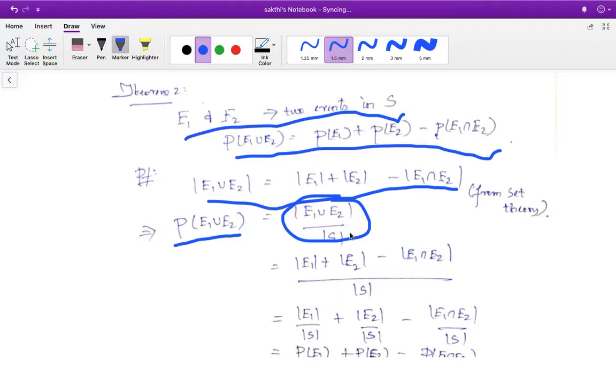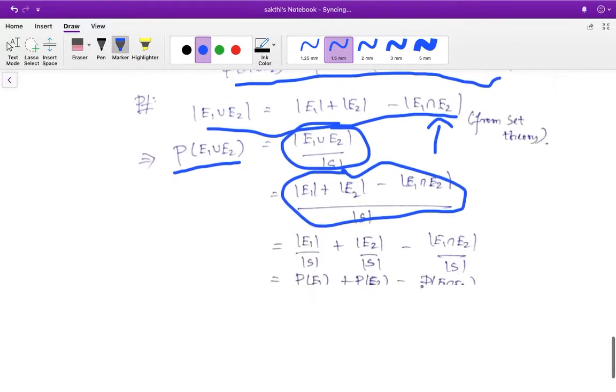And that can be elongated like this using this equation. Cardinality of E1 plus cardinality of E2 minus cardinality of E1 intersection E2, divided by cardinality of S, and that can be easily simplified.